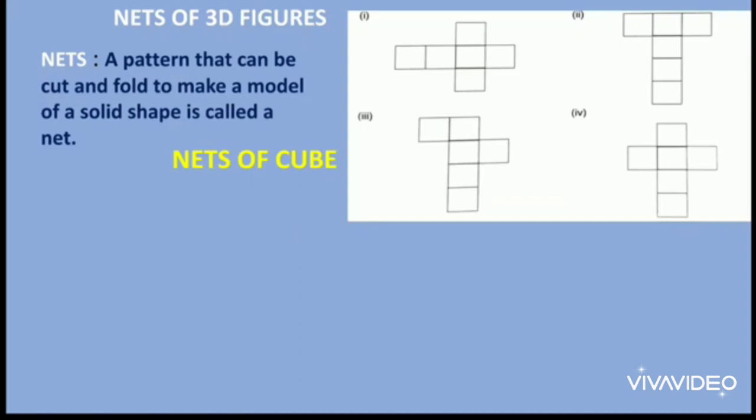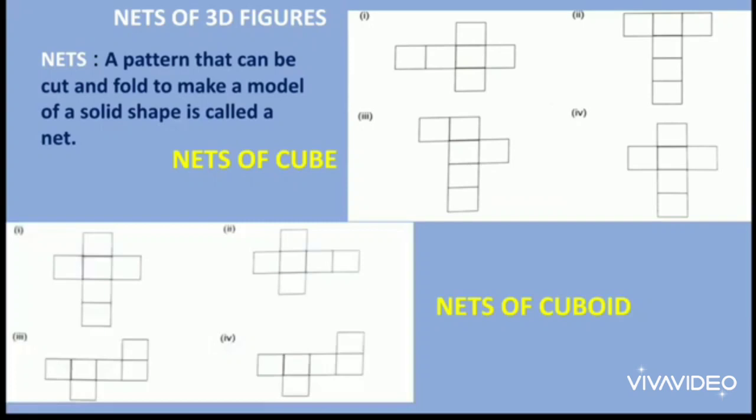So these are the 4 ways through which we can make a cube. Nets of a cuboid. This is another way you have to cut the paper, and if you fold this paper, then you will get a cuboid. So these are the 4 methods to create a cuboid.